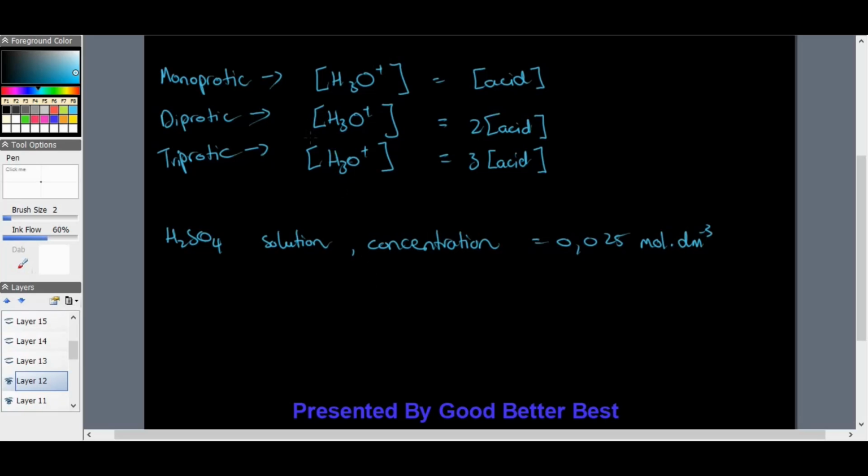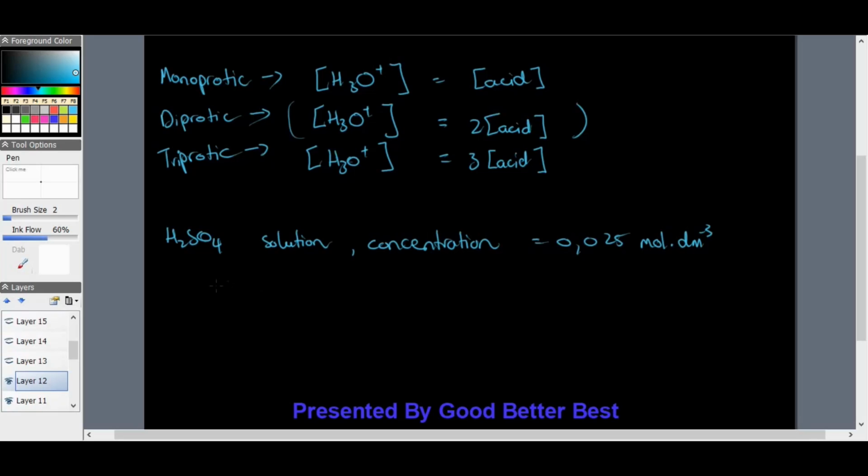Well, this part over here is saying that 1 mole of H2SO4 produces 2 moles of hydrogen or H plus ions, which means that's how I start my formula out.